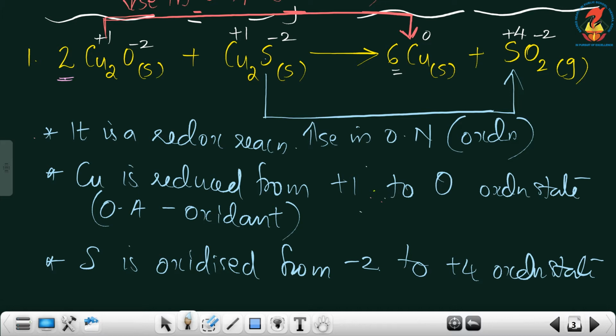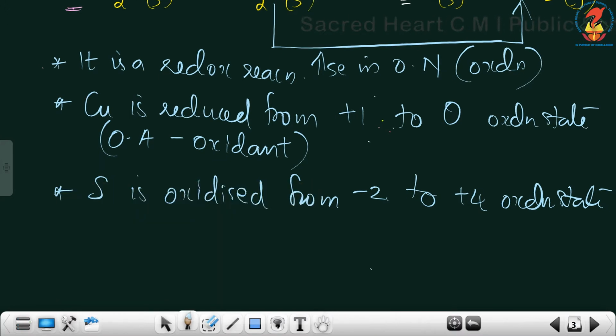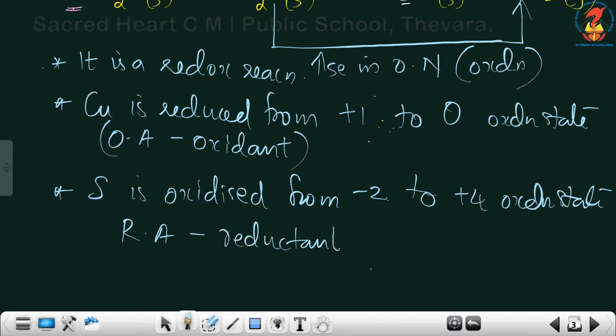That means sulfur is undergoing oxidation. So sulfur is oxidized from -2 to +4 oxidation state. So undergoing oxidation means it is acting as the reducing agent or reductant.